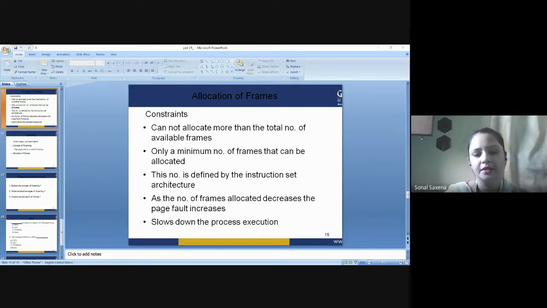So at the end, when we're talking about allocation of frames, there are two important tasks in virtual memory management: a page replacement strategy and a frame allocation strategy. When we talk about the minimum number of frames, the absolute minimum number of frames that a process must be allocated is dependent on the system architecture and corresponds to the worst case scenario of the number of pages that could be touched by a single instruction.